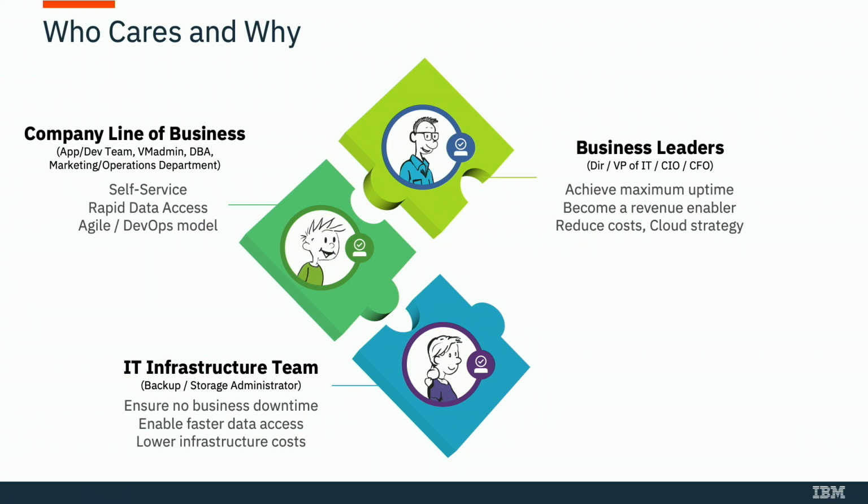There's the infrastructure team whose primary goal is to make sure the infrastructure is up and running all the time. They're not necessarily working on the apps itself. They're just on the platforms, on the storage or the server side. Their duty is to keep uptime as well as lower infrastructure costs. And then the business leader who's making the decisions has a cloud strategy in mind. They want to achieve maximum uptime, and they're also keeping in mind reduced cost and looking at other strategies.